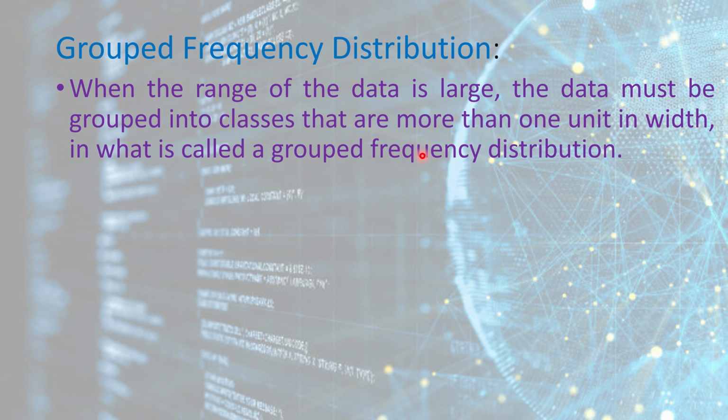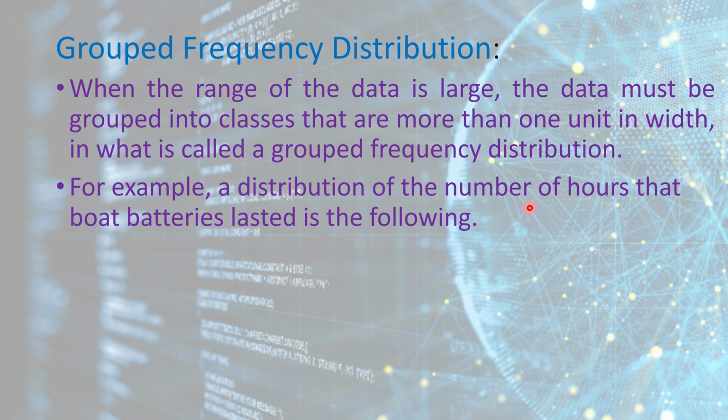When the data is greater than or equal to 30, we say it's large data. If the data is large and the data points are not repeated, then it must be grouped into classes. The rule is that the class width is more than 1 unit, and this is what is called grouped frequency distribution.